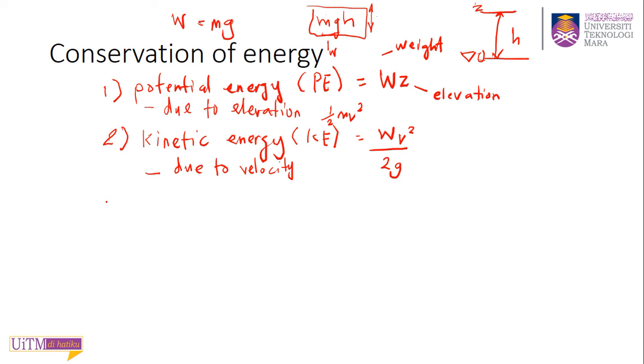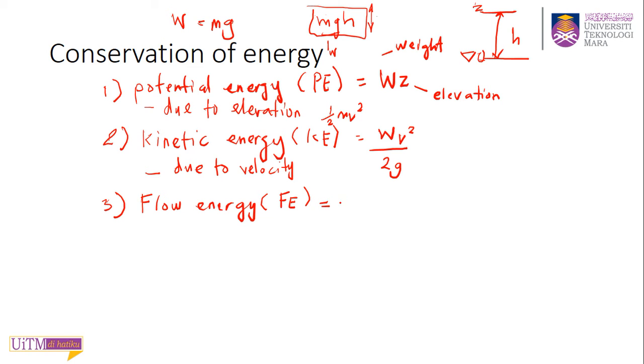And the last one, maybe we have not heard it before. It's called flow energy. This might be a new term that we never encountered in secondary school. We call it FE, flow energy. And what is the equation for flow energy?